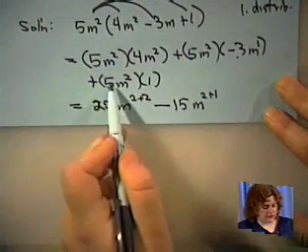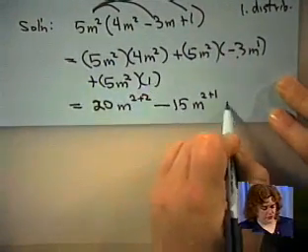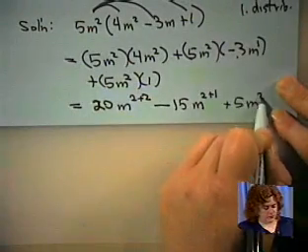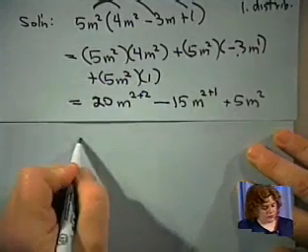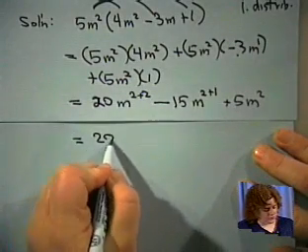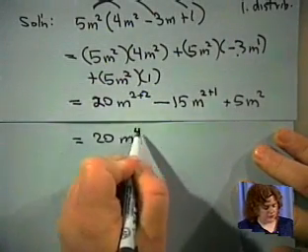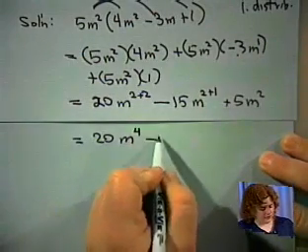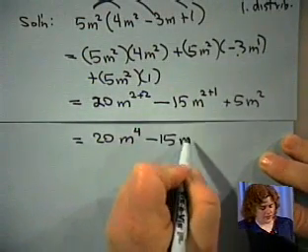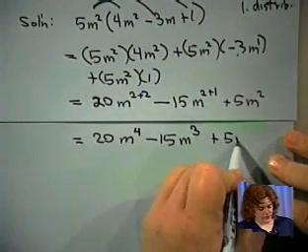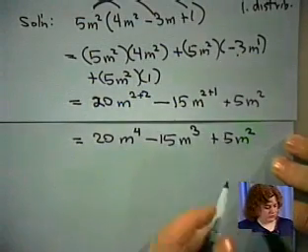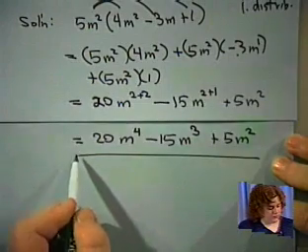And last but not least, 5m squared times 1 is just going to be plus 5m squared. So we're left with 20 times m raised to the 4th power minus 15 times m raised to the 3rd power plus 5m squared. And that's as simplified as that one is going to get.